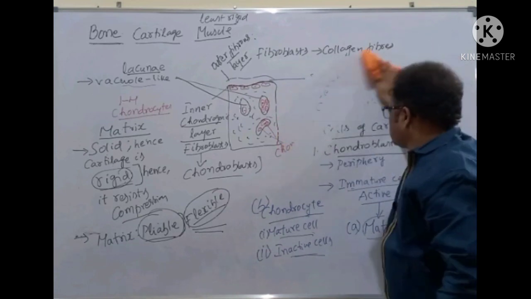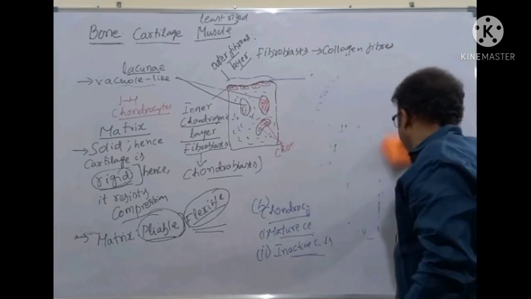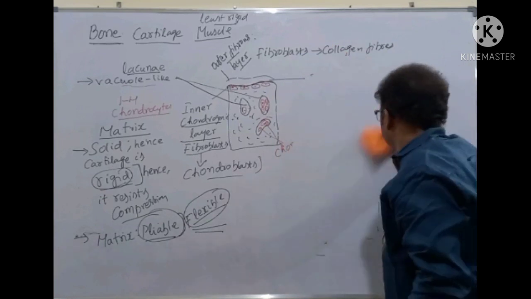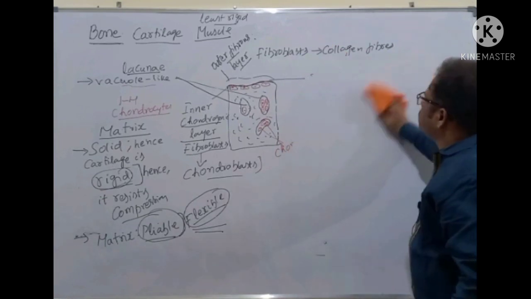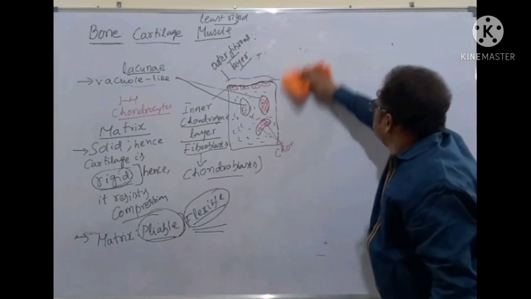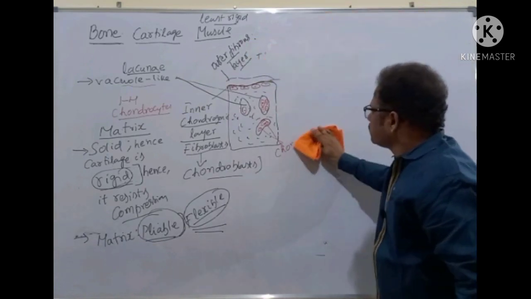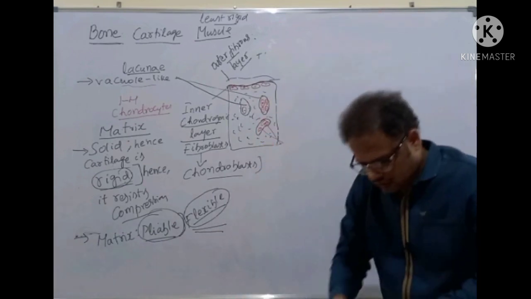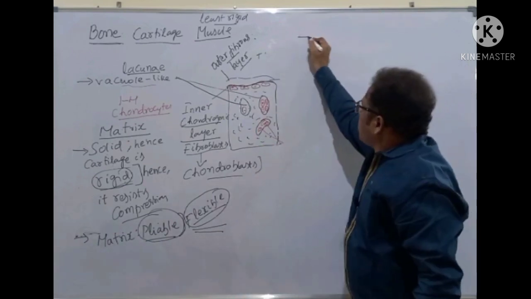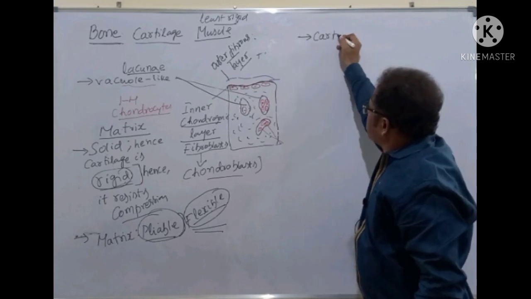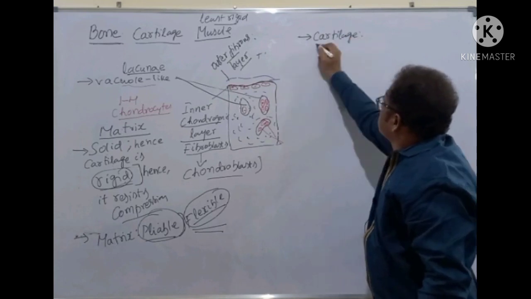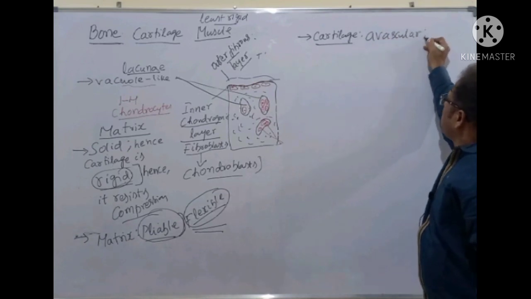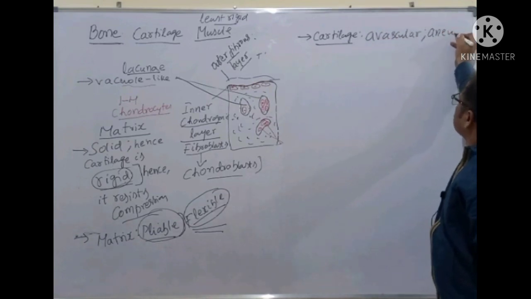Next property of cartilage: it is avascular, and also aneural.